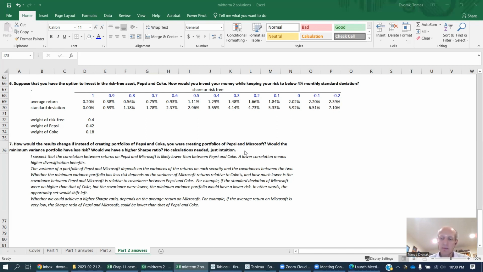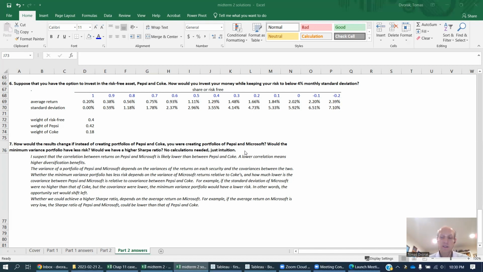Whether the minimum variance portfolio would actually be lower if we mix Microsoft and Pepsi rather than Pepsi and Coke really depends on the risk of Microsoft, because the portfolio variance depends on the variances of the two individual securities and their covariances.